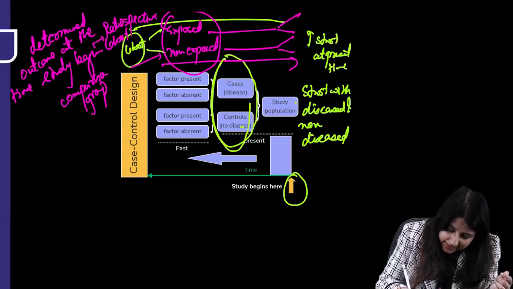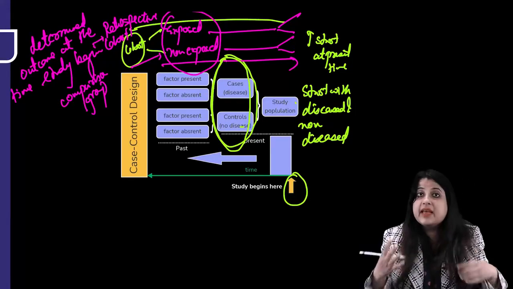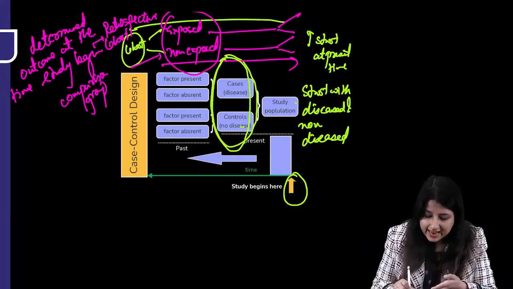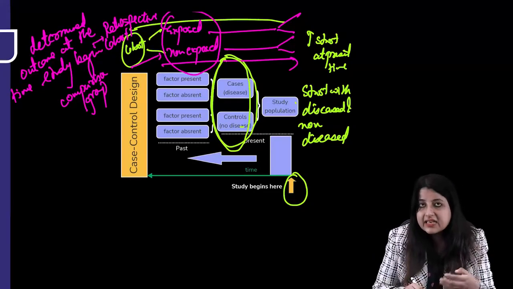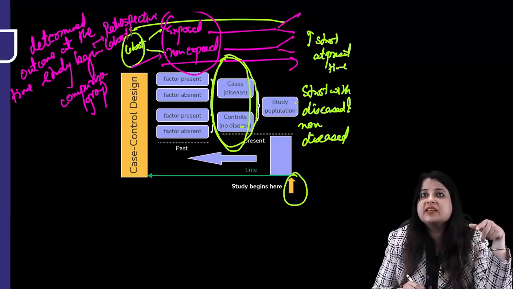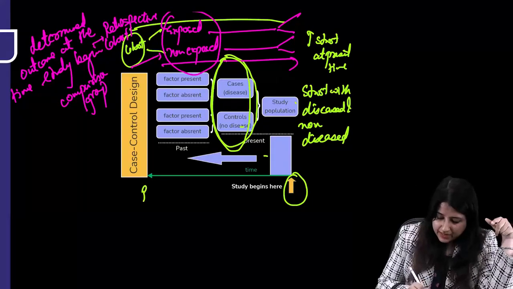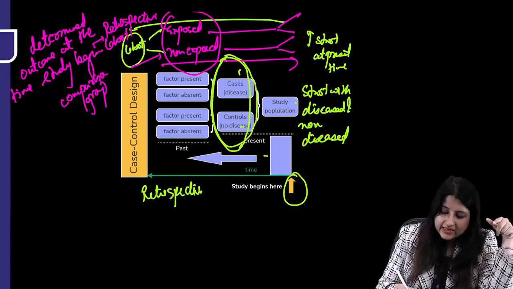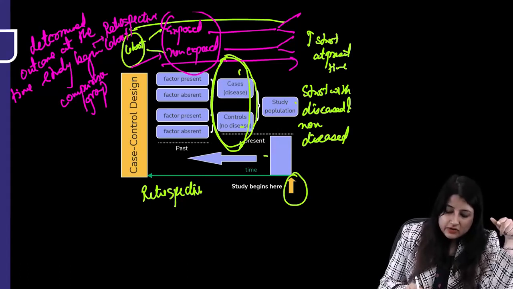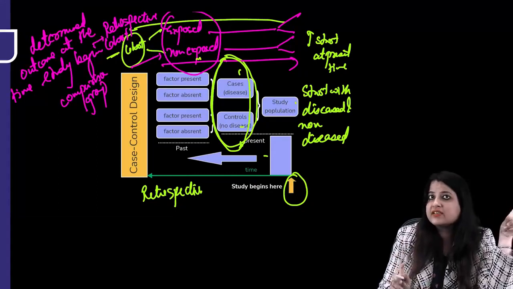What is it that I'm comparing? I'm comparing diseased and non-diseased, okay? And I'm just going backwards. I'm asking how many of you smoked, how many did not. So we went backwards, retrospective, okay? But we compared what? Cases and controls. In retrospective cohort, what do you compare? Exposed to non-exposed. Always remember that.